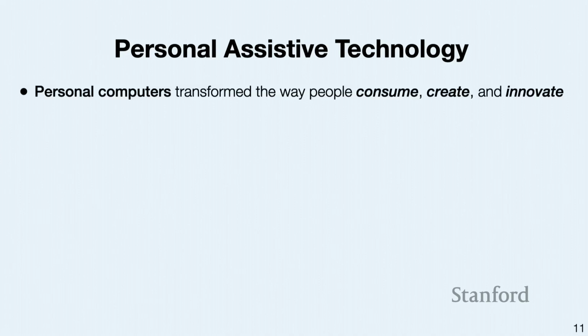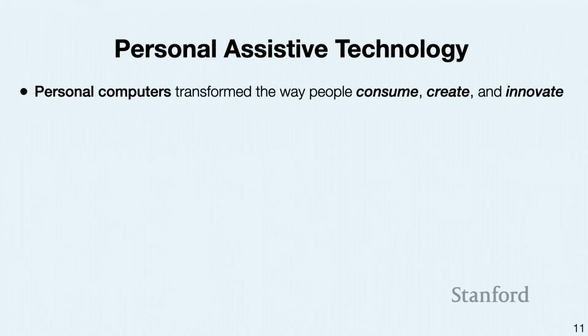So our lab has been working towards this vision of personal assistive technology. So I draw from mainframe computing, where often many users access the same one device. And we transformed from that to personal computing, where it really enabled users to consume, create, and innovate by themselves.